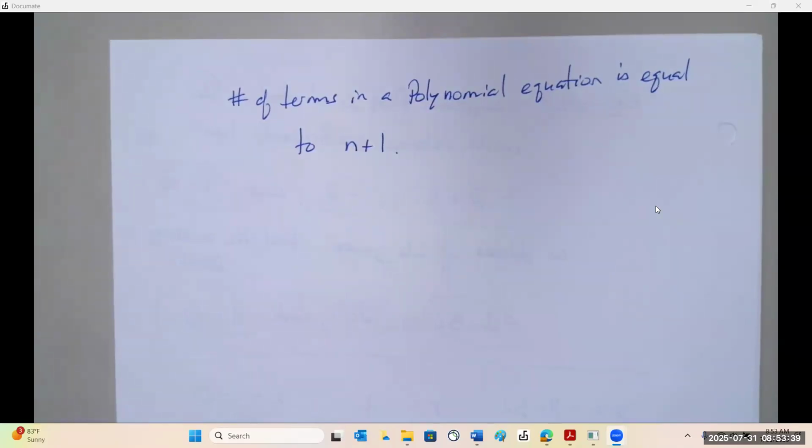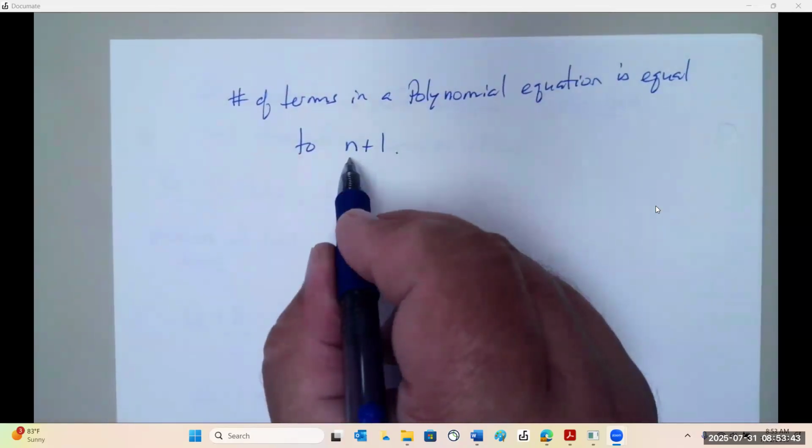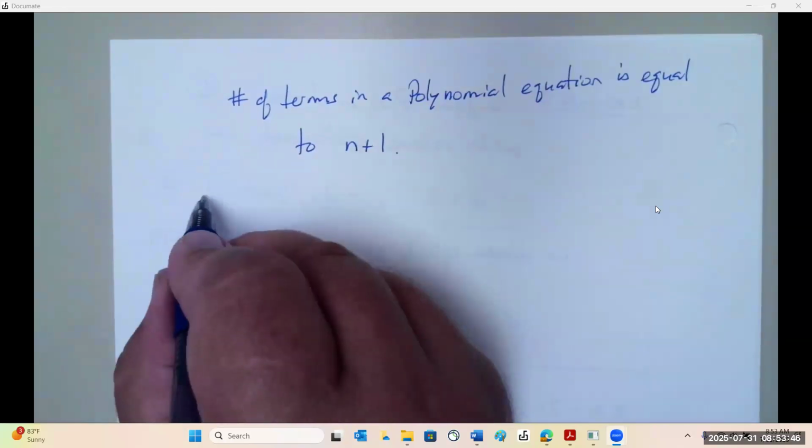Of course, it could be less, but this is typically the case. What does n represent? N is the degree.